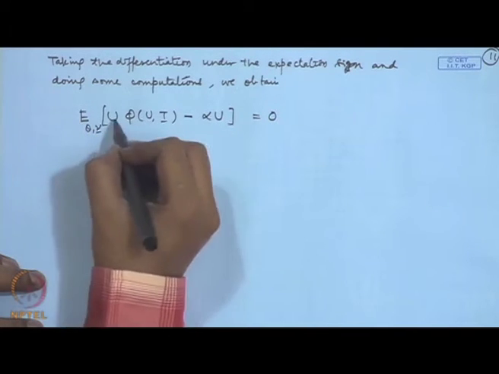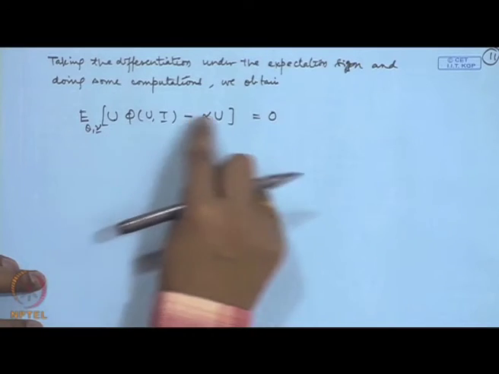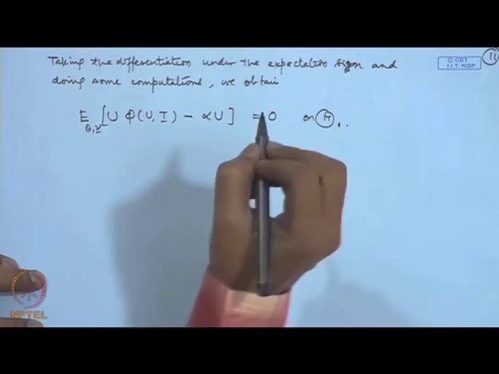Now, this is u and this is coming because we are considering differentiation. You are having the density function e to the power theta u. So, when you differentiate e to the power theta u with respect to theta, you will get e to the power theta u into u, and that is why this u has appeared here. This is on theta naught.